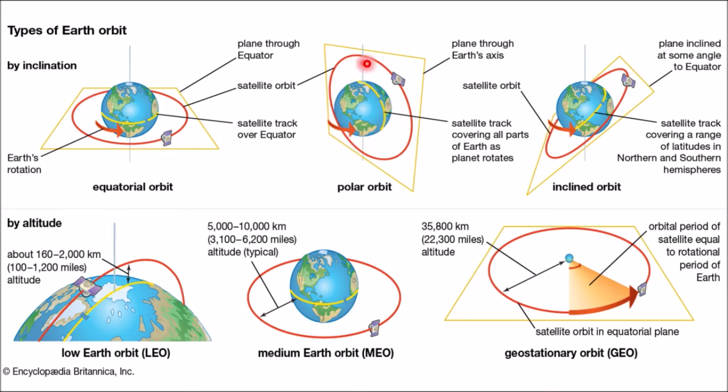So if you want to survey all the different types of climates, you might want to do a polar orbit. If you want to just look at the general climate of a specific region, then you might want to look at an equatorial orbit. Sometimes you might want to do an inclined orbit, which I would assume uses similar parts, to cover a range of latitudes from the northern and southern hemisphere, whilst the polar orbit can give you full coverage.